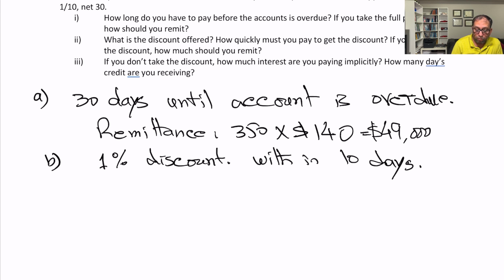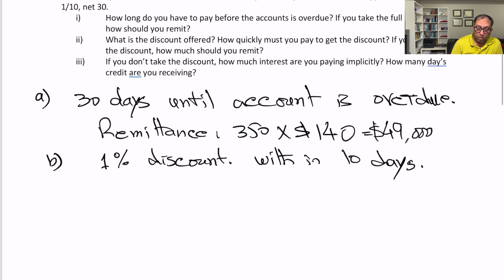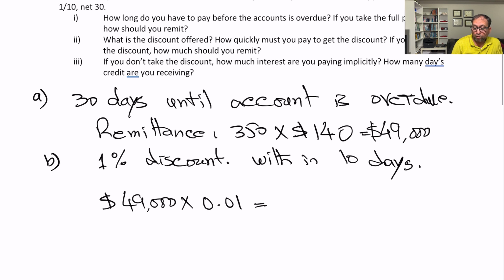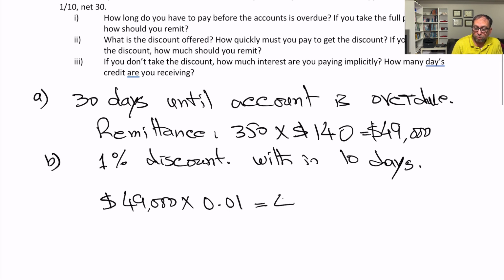We have to pay $49,000 multiplied by 0.01, which is going to be $490.